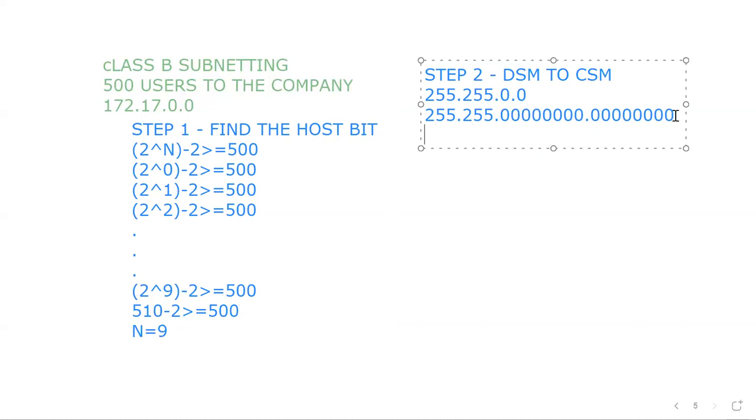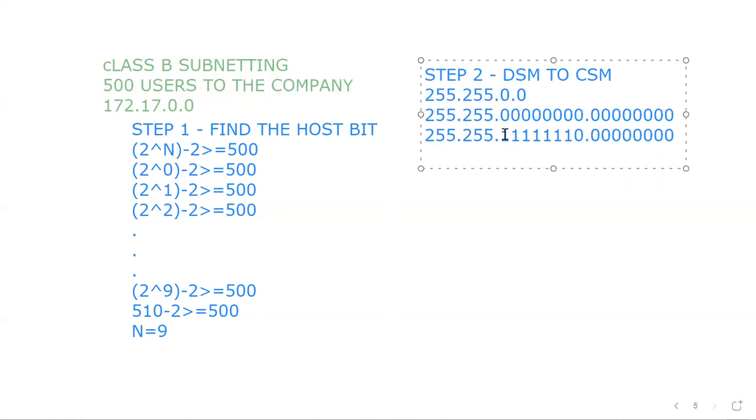So we put 1s after our 9 zeros, because our host bits are 9. Then let me convert this binary to decimal again: 255.255.254.0, right?